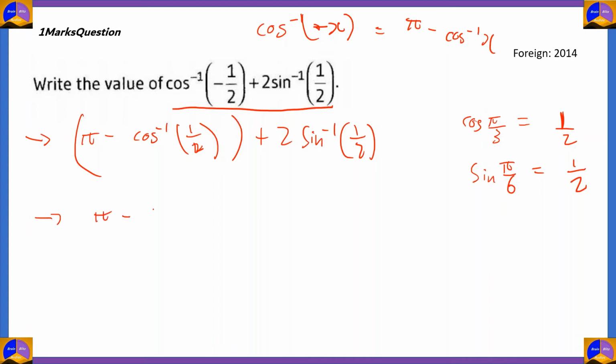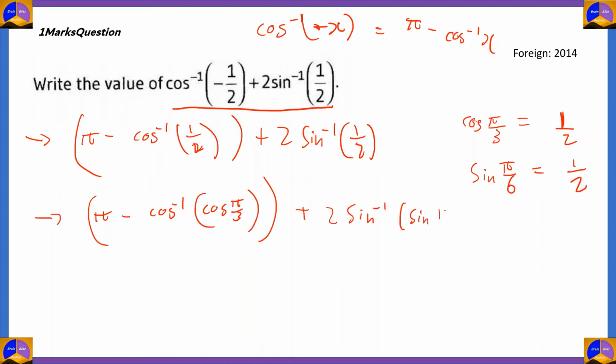So it becomes pi minus cos inverse of cos pi by 3 plus 2 sine inverse of sine pi by 6. So in both cases, cos inverse and cos as well as sine inverse and sine will cancel each other.